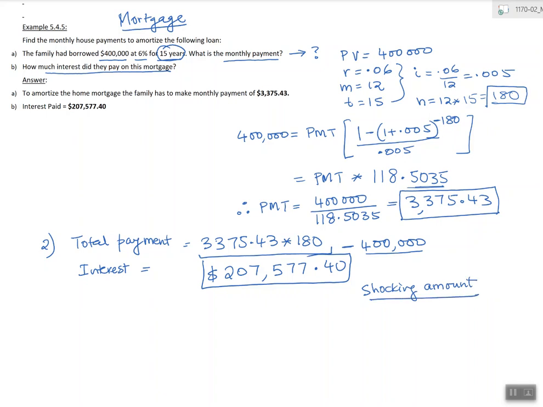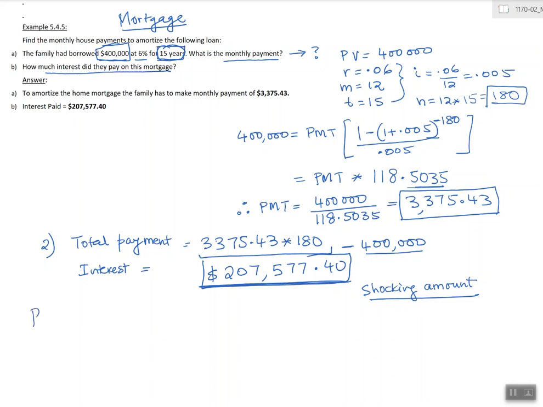So a house that they bought for $400,000, they ended up paying more than half the price of the house as just the interest. There are many such interesting questions in mortgages and in other amortization loans. You could practice this question by having a 30-year mortgage.